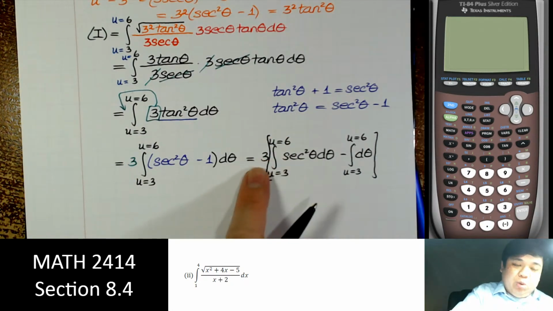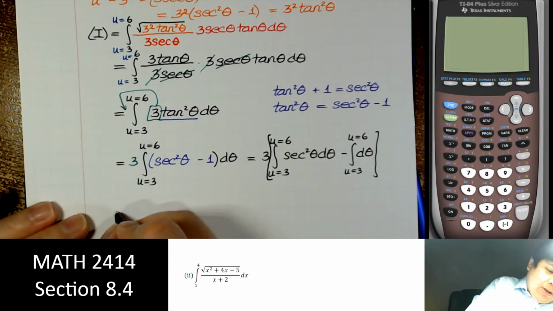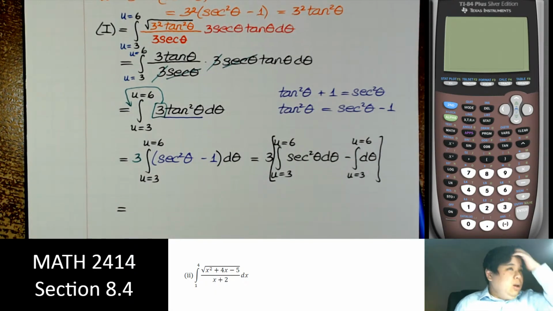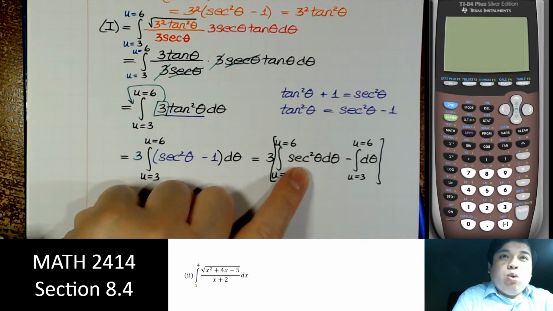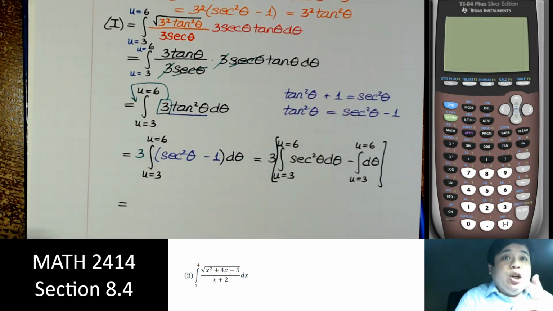So that one, the 3 outside. Now, what is the integral of secant square? The secant cube is extremely complicated.